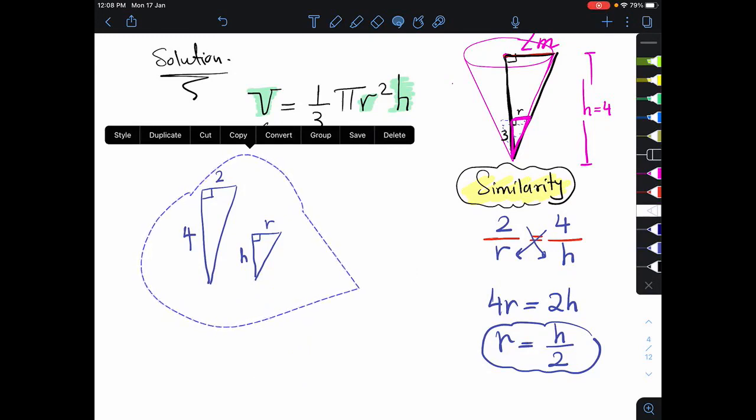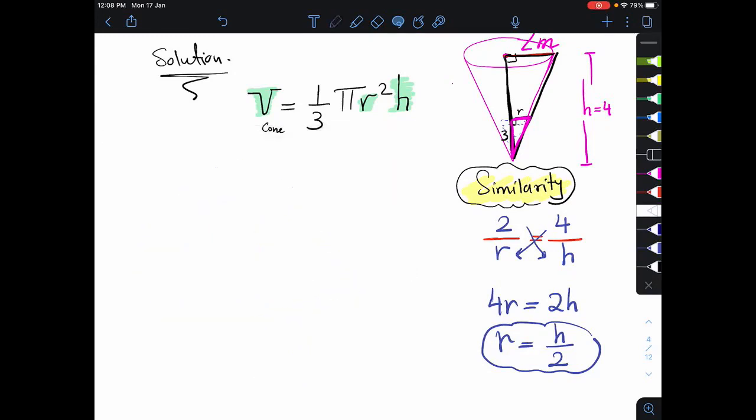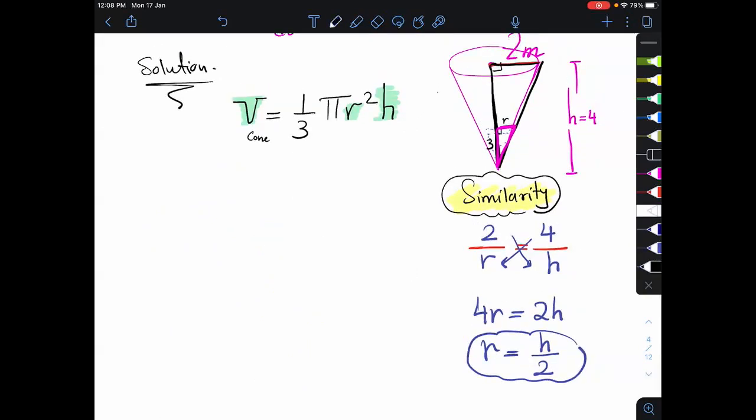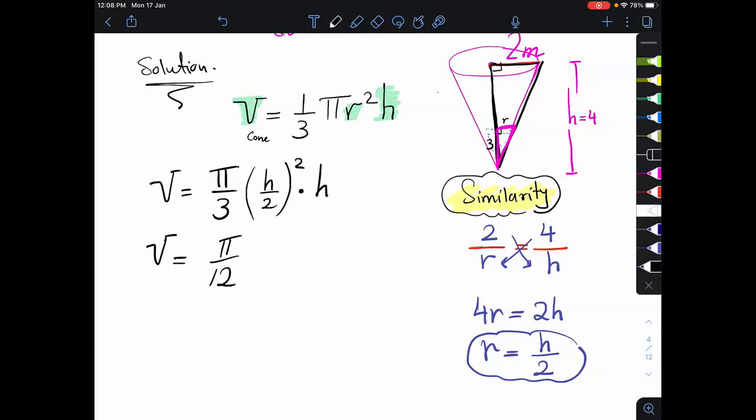Yes. So, alhamdulillah, we now have a relationship between r and h. So we can again write v equals pi over 3. 1/3 pi is the same as pi over 3. And the r now is h over 2 all squared times the height. So v equals, I'm going to simplify a bit, pi over 12. You know why?